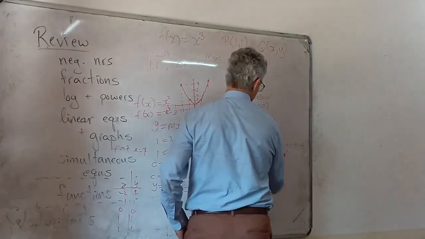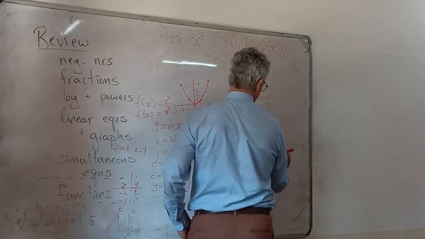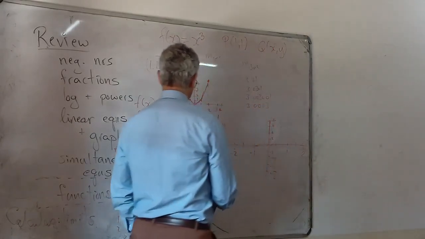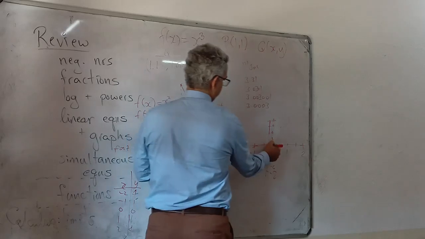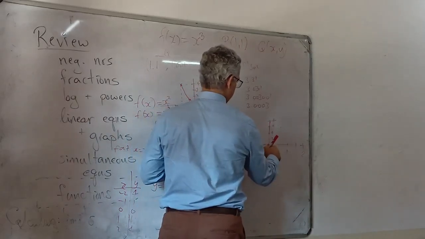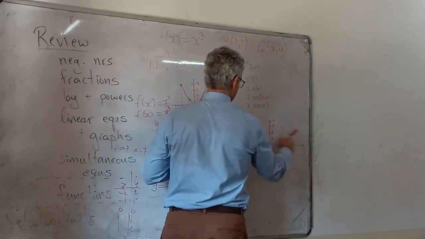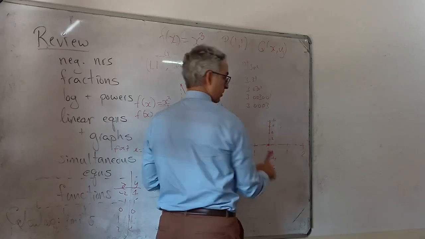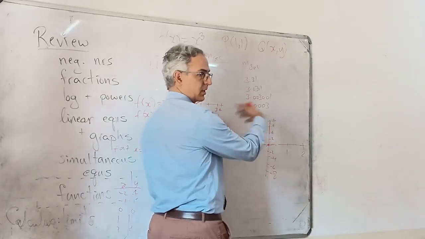So y is like this. Okay. So our points, we have the origin point. The graph you drew was correct. I'm just drawing it differently so it's easier to see.